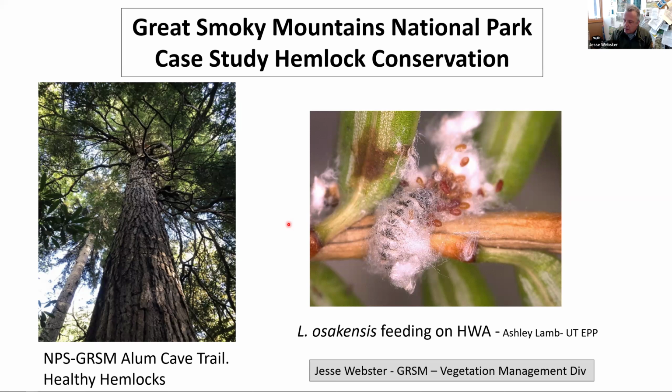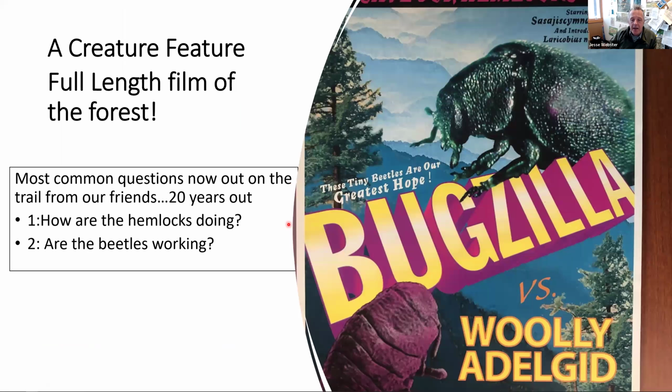I'll talk about this poster because a lot of times we hear so much about these invasive species moving in, and it's like a monster, right? This was a poster, kind of a spoof, put out by our friends group almost 20 years ago when we were first facing hemlock woolly adelgid, and we knew what it could do.